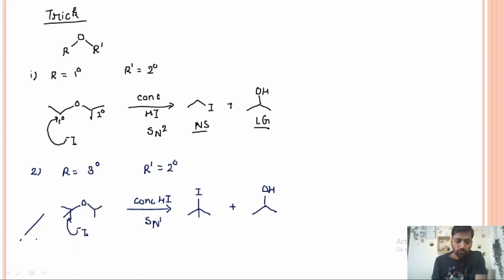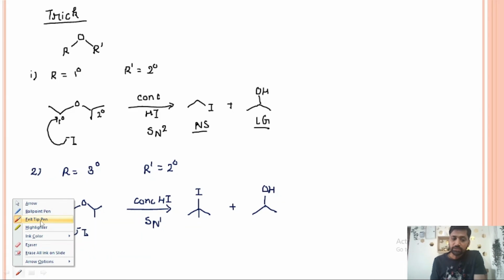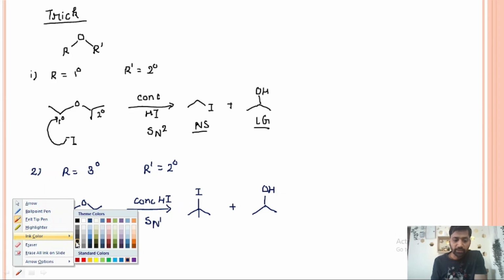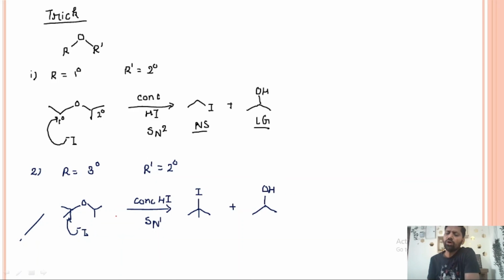And if you have learned the alcohol reactions, then you know that alcohols can also react with HI or can undergo nucleophilic substitution. And that is why if you take the excess of HI in these reactions, then these leaving groups will also be converted into iodides, because these alcohols will further undergo nucleophilic substitution with HI, and the nucleophilic substitution will give you the iodide products.